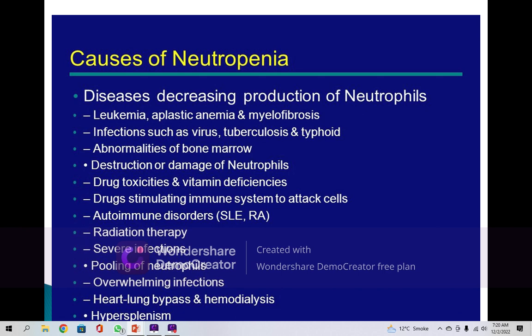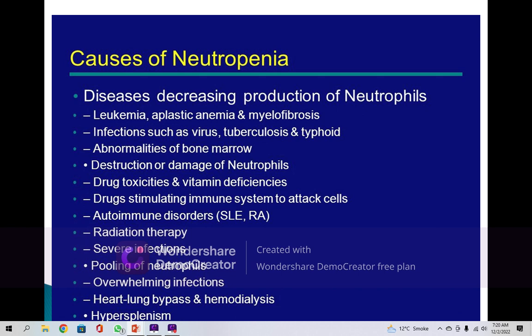I will speak only about Pseudomonas. If the count is lowered to 1,000 or 1,500, you have to give anti-Pseudomonas therapy as a primary prevention.